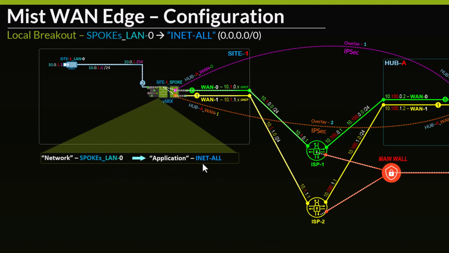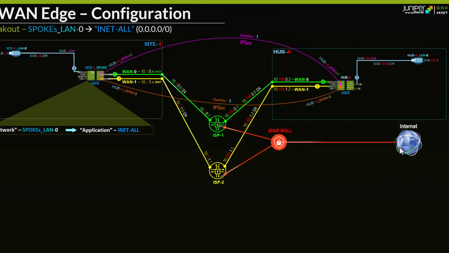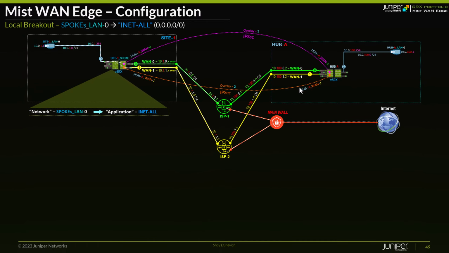In this case, the application is inetall, which is going to be quad 0. And this application resides somewhere on the internet, right? And not on the hub or over the VPN, as we previously configured in the last video.